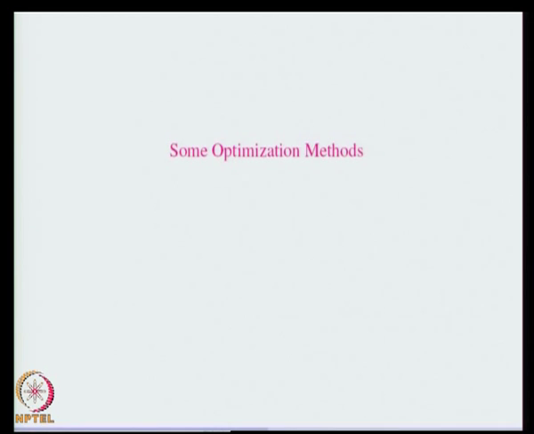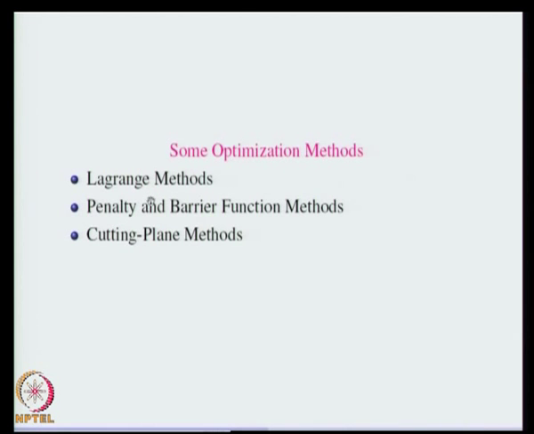Now, there exist different optimization methods to solve these problem formulations, and some of them are mentioned here. Some methods are Lagrange based methods, where they use the Lagrangian function to solve a given problem. Some methods are based on penalty or barrier functions, and for convex programs there exist methods like cutting plane methods.